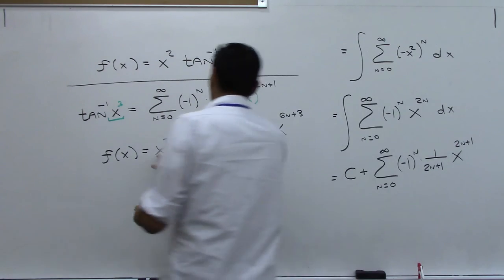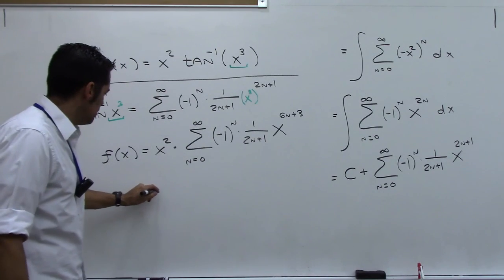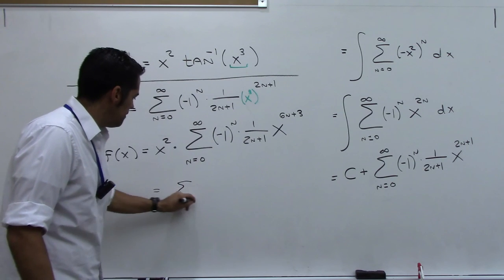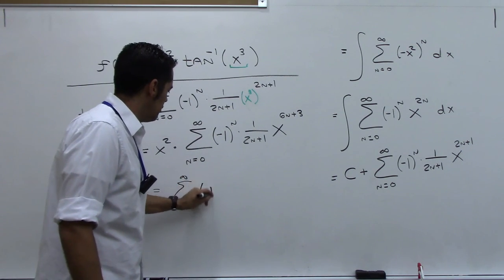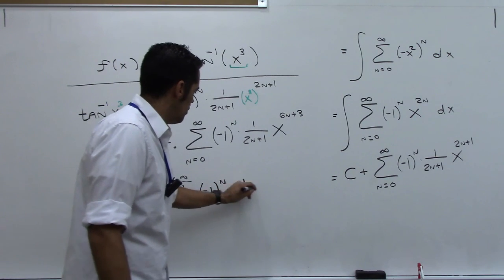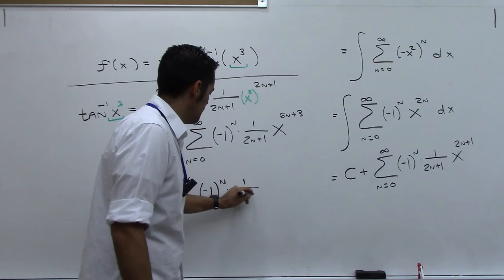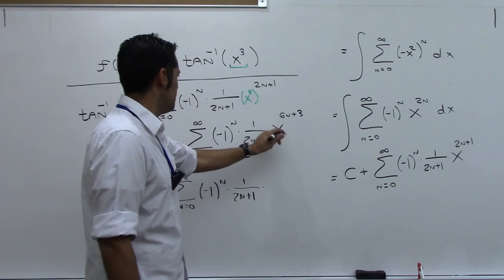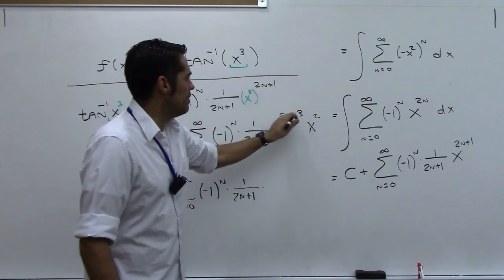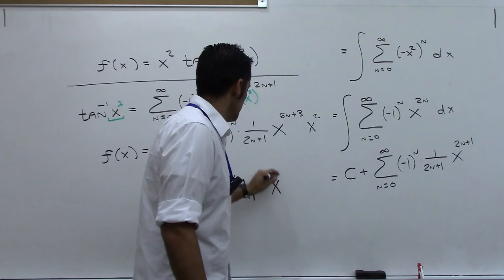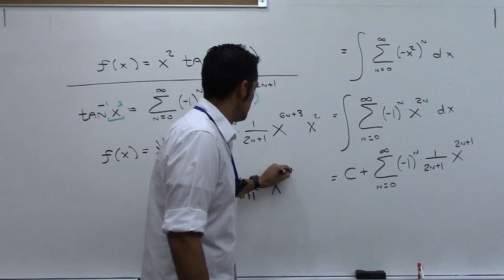Now just move the x squared inside. So when we move the x squared inside, we get sum n equals 0 to infinity of negative 1 to the n times 1 over 2n plus 1. And then times, when we put an x squared out here, we add the exponents, so we get x to the 6n plus 5.